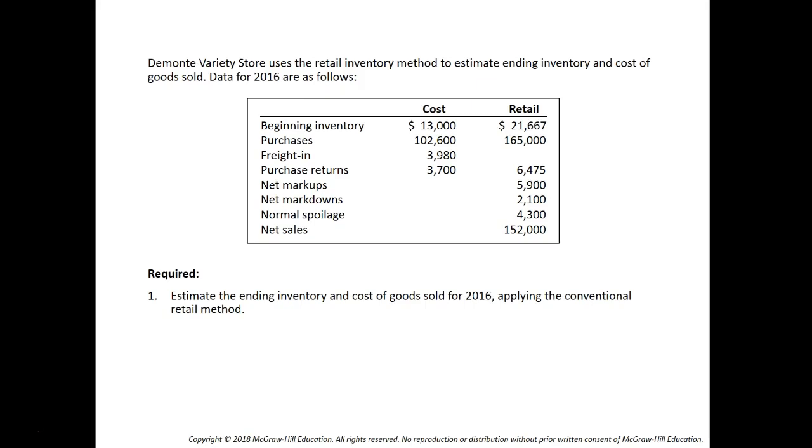Purchases of $1,026, retail of $165,000. Freight in $3,980, purchase returns $3,700. On retail $6,475. We have our net markups, our net markdowns, and normal spoilage, along with retail net sales. Estimate the ending inventory and cost of goods sold for 2016 applying the conventional retail method.